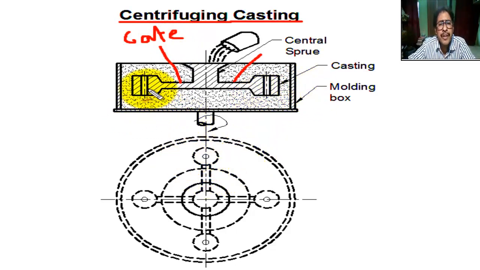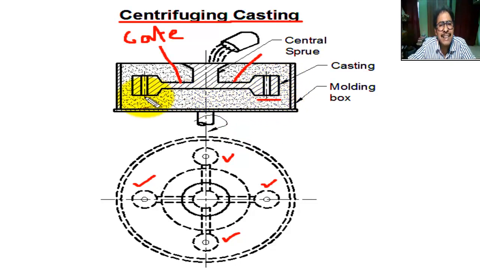Here, a number of symmetrical small castings are made at a time. From the top view, it is clear. It is a small casting.